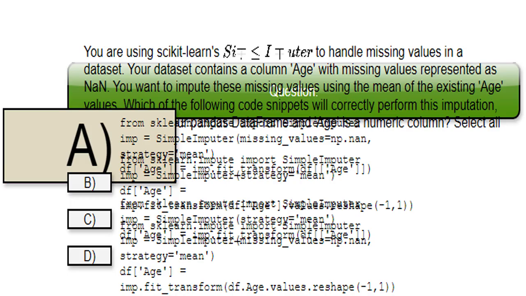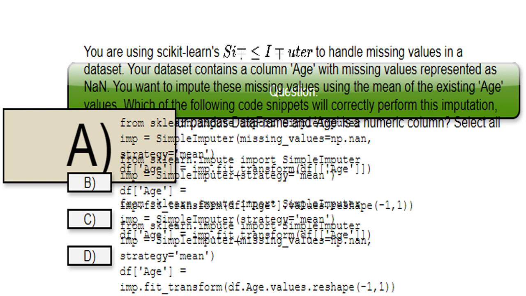Here, I'm also using SimpleImputer to calculate the mean and replace the missing values. Notice that I do not explicitly specify missing_values. SimpleImputer defaults to replacing np.nan. However, this time, I'm reshaping the input array explicitly using values.reshape(-1, 1).